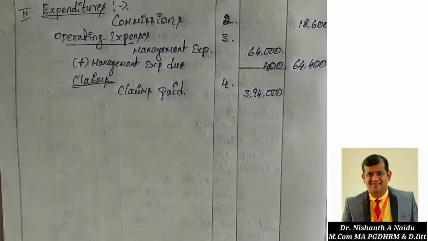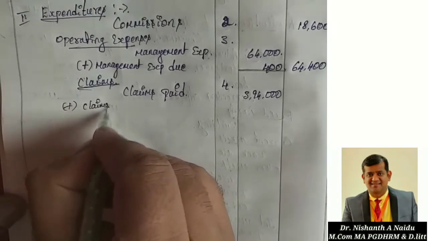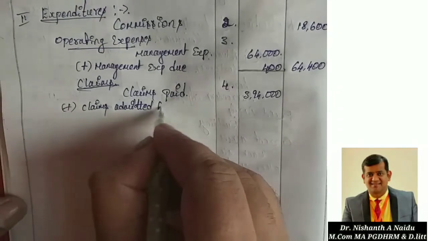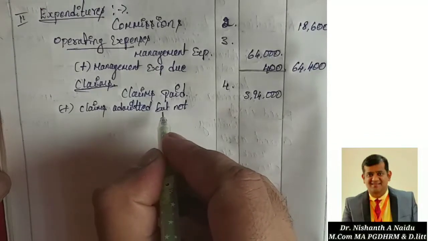Then what you have to do? You have to add outstanding claims. That is in the adjustment A, claims admitted but not paid. Clear? So add claims admitted but not paid.